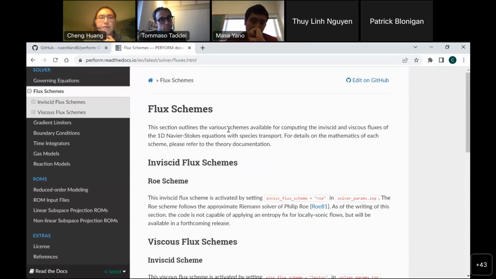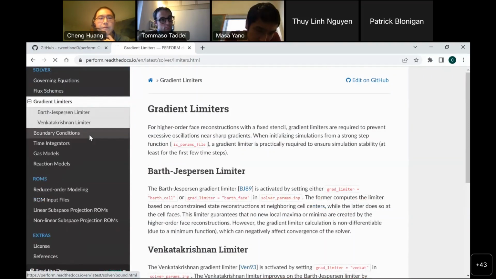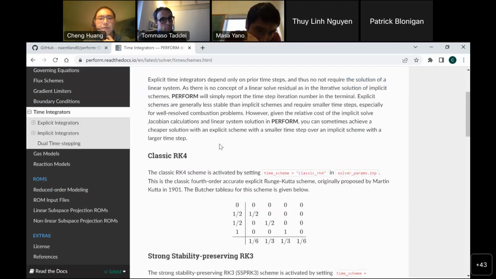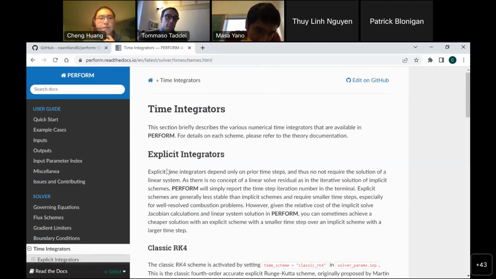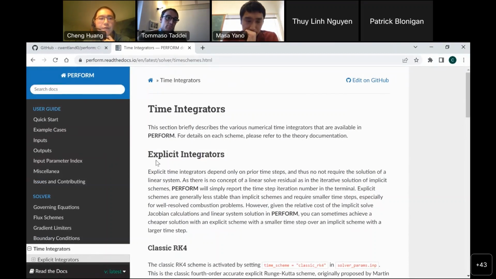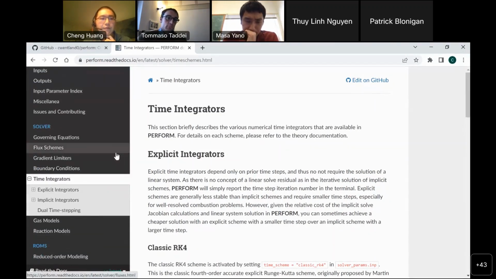And if some people want to use their own code and make some modification, hopefully this information will be useful to them. We provide the flux, boundary condition, and time integrator information on a separate wiki page. So that's what we have for this problem.